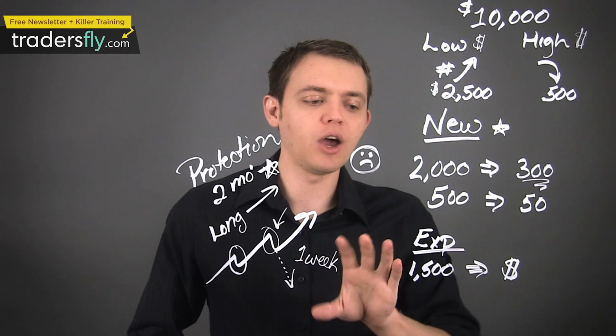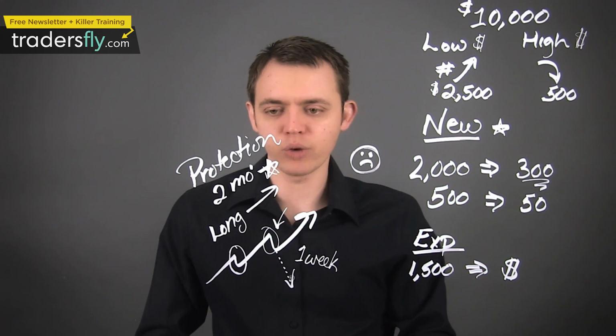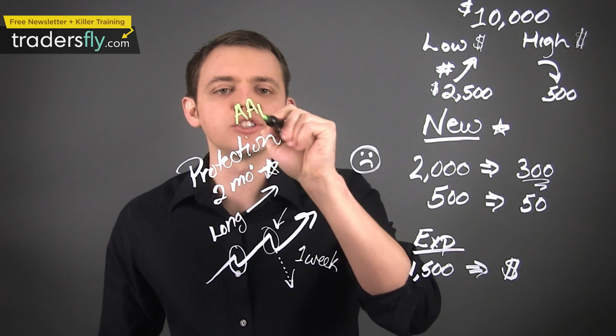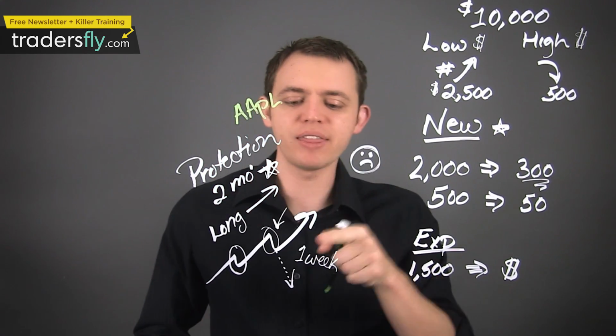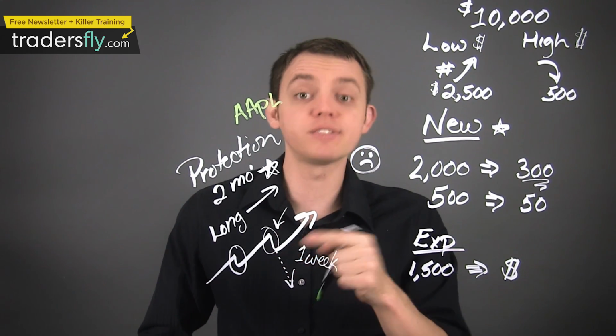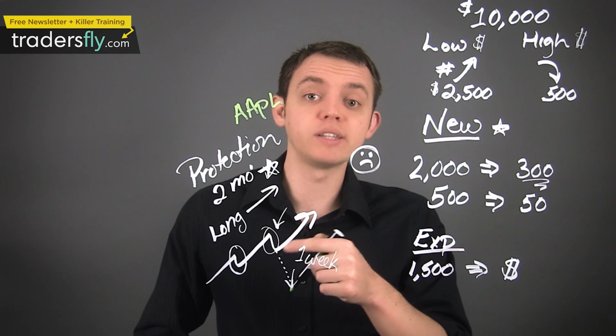Now you can do it in a whole different kind of equity. So for example, let's say this was Apple. You could do the same thing in Apple and buy the puts or buy the vertical spreads for the bearish side, or instead you could hedge it with something else.